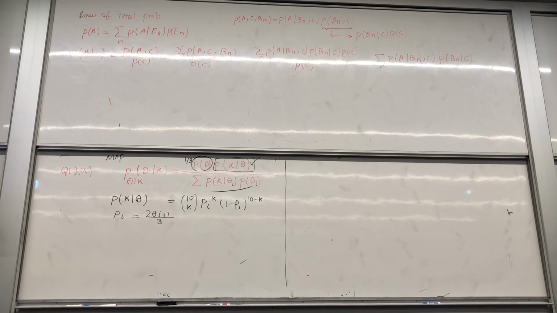For example, let's find this term: the probability of M conditioned on X equal to K, where I know the type of student. Let's interpret it. Can you interpret it for me? We know the number of successes, and we know the type of the student as well.